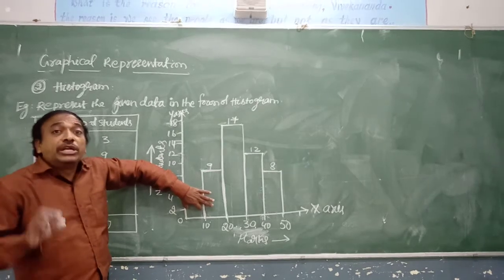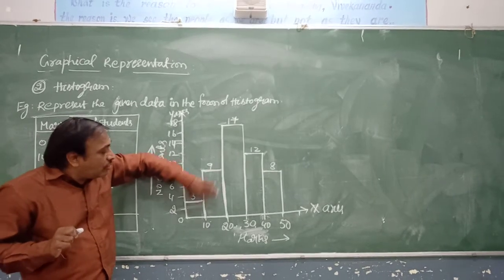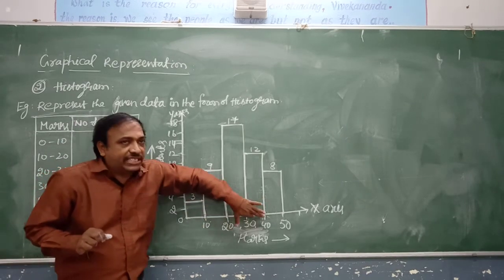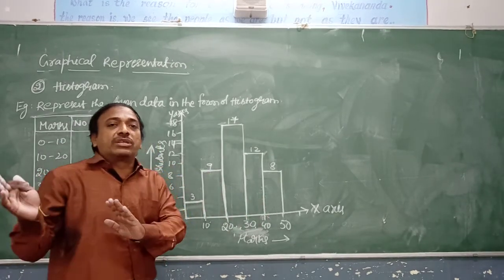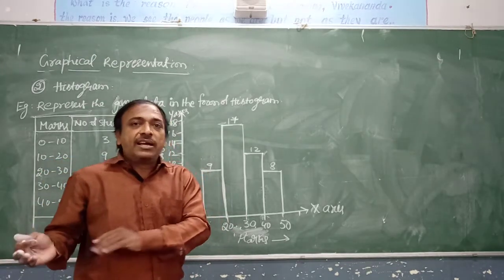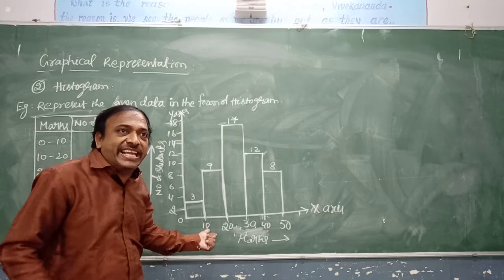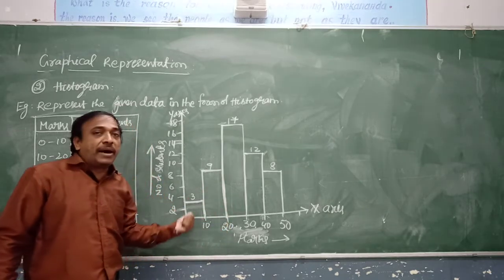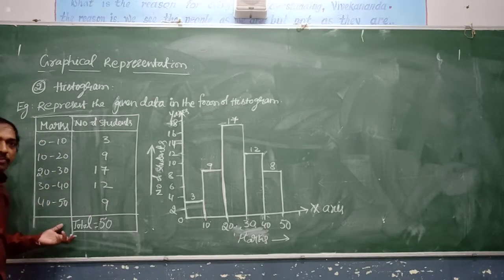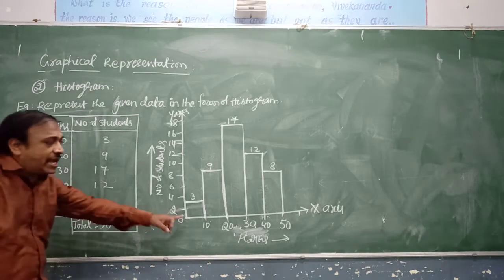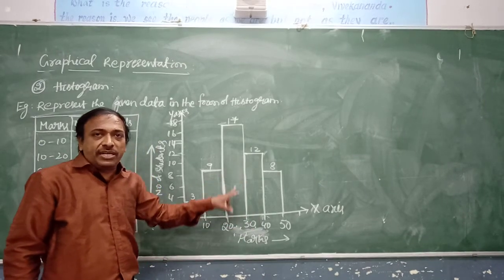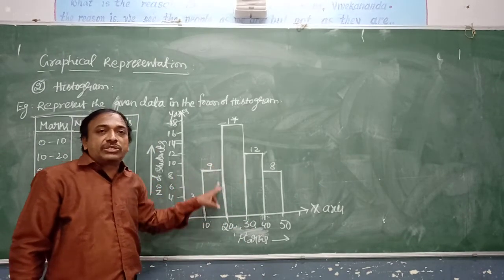There is a slight difference between a bar graph and a histogram. In a bar graph there must be space between the bars; in a histogram there will not be any gap between the bars. Since we saw continuous data, there is no gap between the bars. I hope you understood how to represent a histogram.